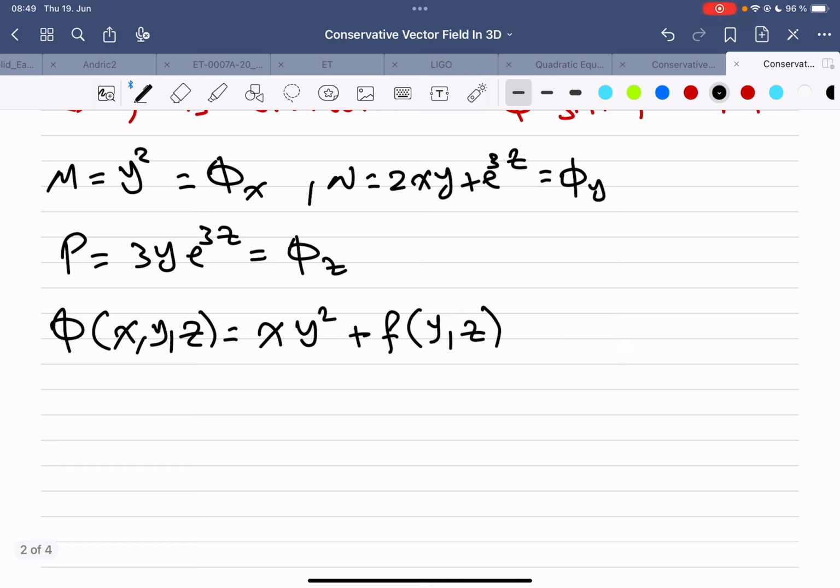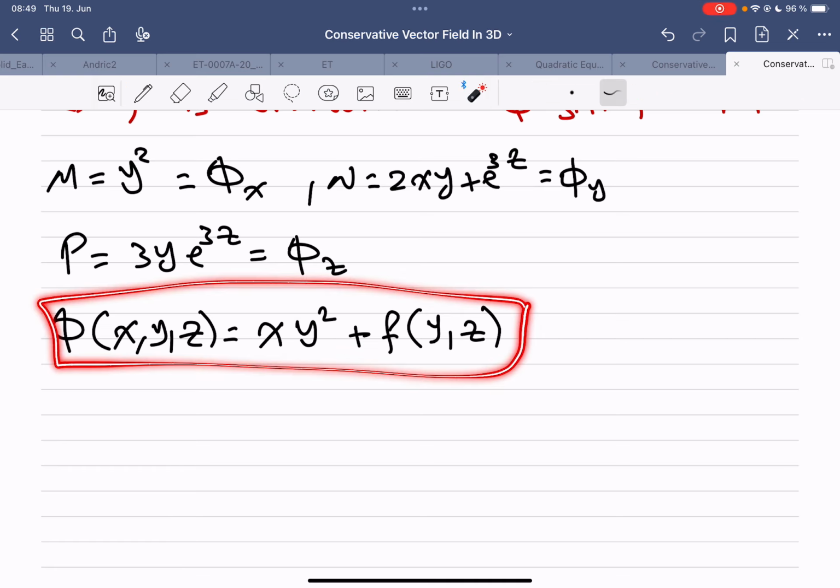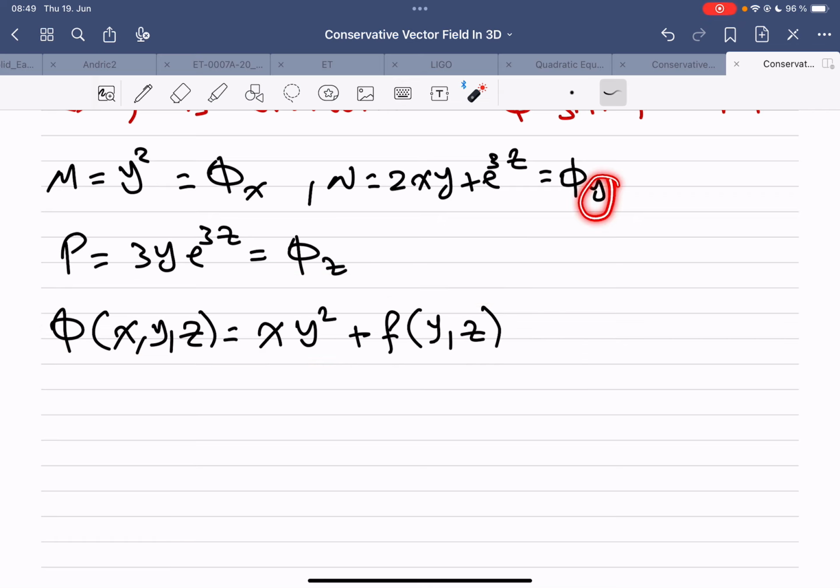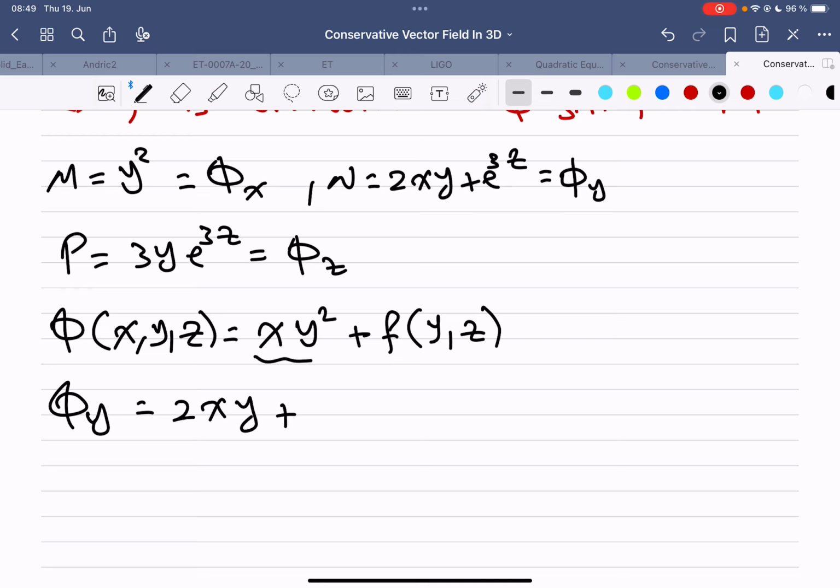Now, if we differentiate this function with respect to y, it gives us phi y. So phi y will equal, differentiate with respect to y will give you 2xy plus differentiate this function with respect to y will give you fy.